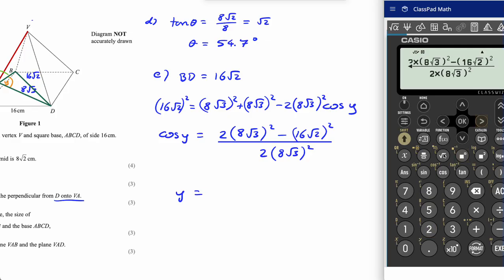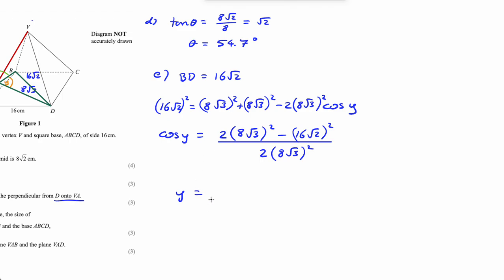Hope this is right, guys. I don't want to have to do this again. And I get 109.47, which is right, thankfully. I think he wants 1 decimal place, so 109.5 degrees.